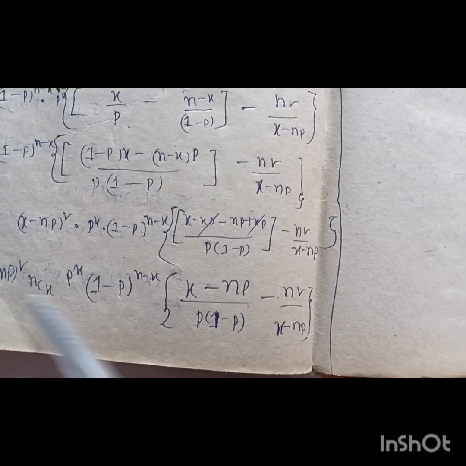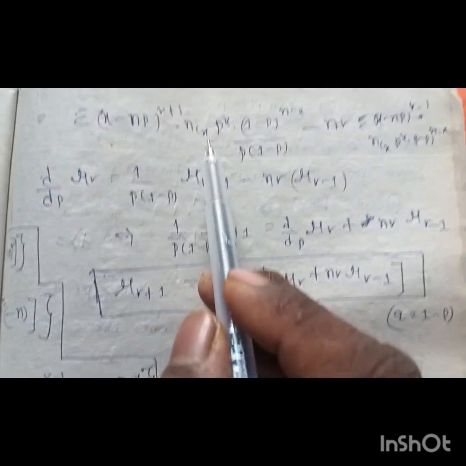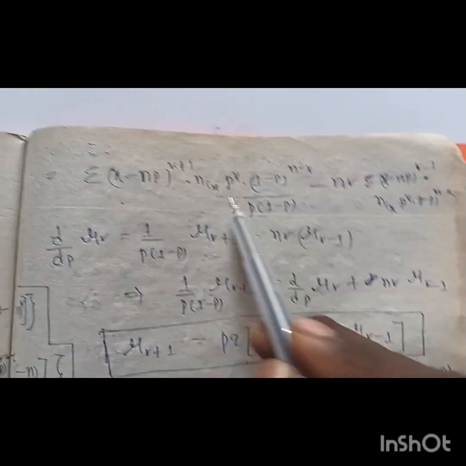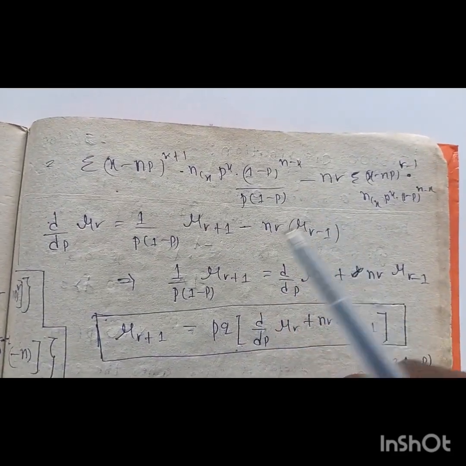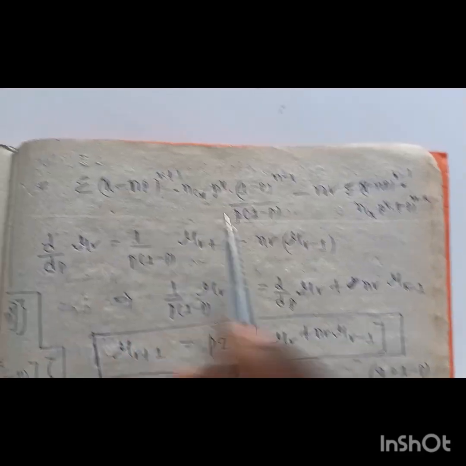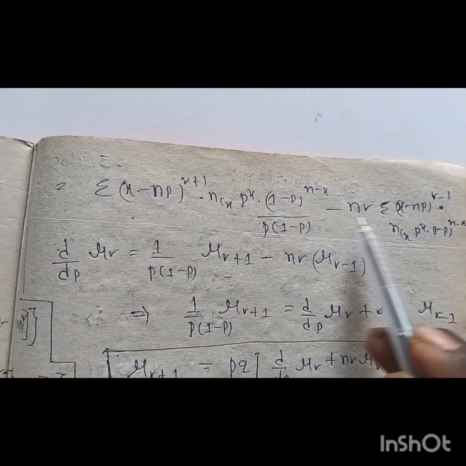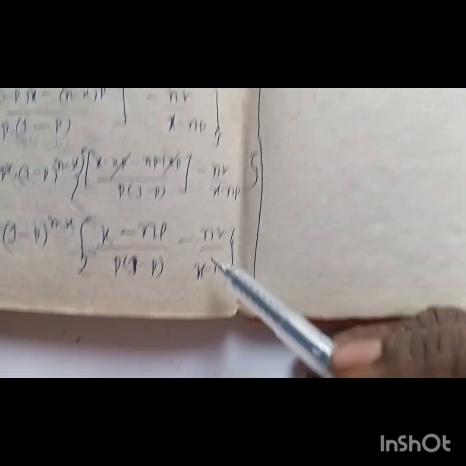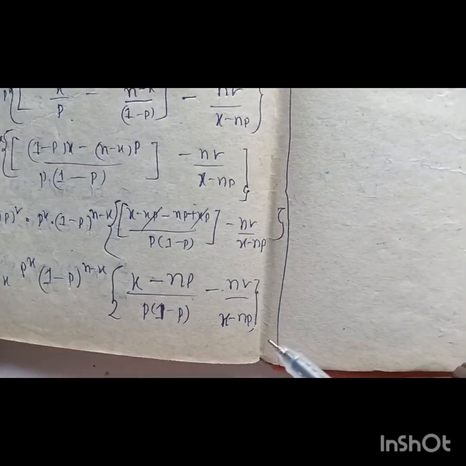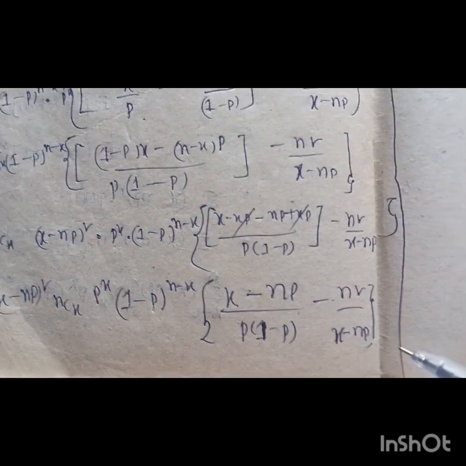When bases are equal, powers should be added. So we are putting r plus 1 over here, with nCx p to the power of x 1 minus p whole to the power of n minus x remaining the same, and p into 1 minus p also remaining the same, minus nr summation here, with the x minus np in the denominator.